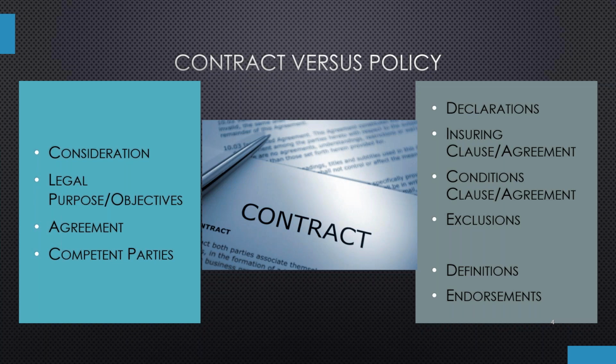Now remember that a policy has a conditions section. A contract does not. And so a very common test question, which of the following is not necessary, right, for the formation of a valid contract? And you might get consideration, legal purpose, conditions, or competent parties. And you're probably, you know, when you're stress taking the test, thinking, oh, in order to have a contract, we got to meet conditions.